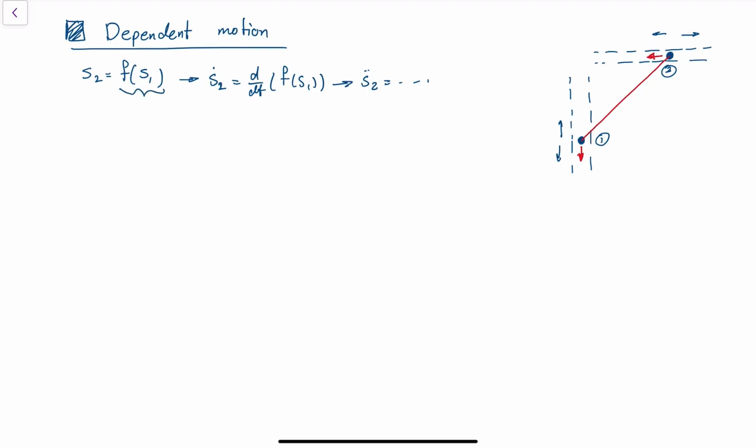The main challenge is how do we find this relationship? And that is where there's no one-size-fits-all general approach. But we can follow some guidelines, at least to help us shape our way of thinking. And let's see what needs to be done. Let me clean up a little.